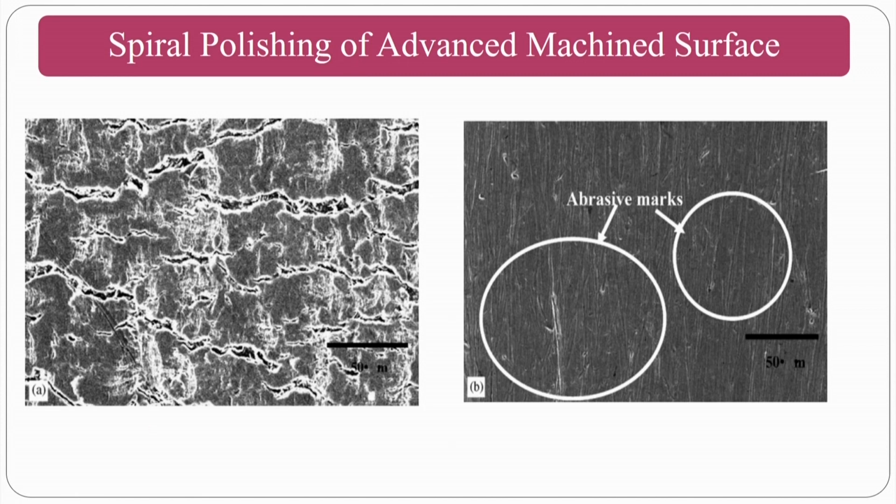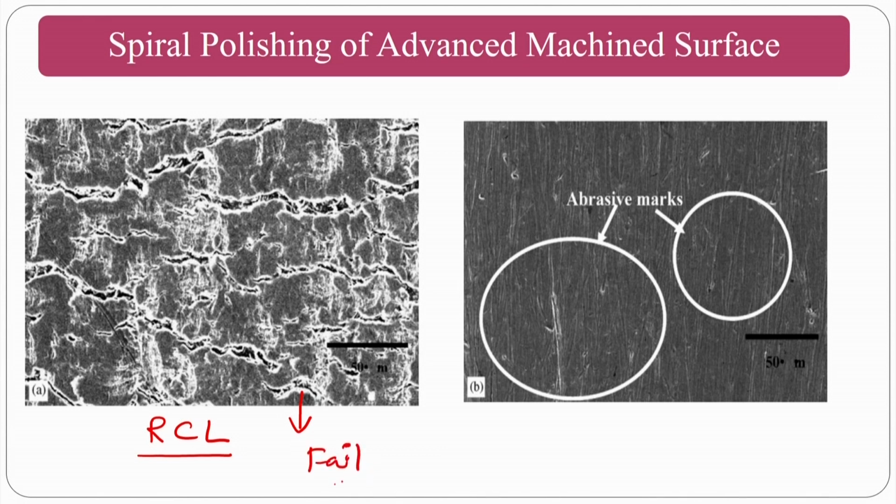As I said, the recast layer will have a resolidified layer. Whenever this resolidified layer is solidifying, there will be cracks, and if you want to put this into practical application, then what will happen? It will fail.